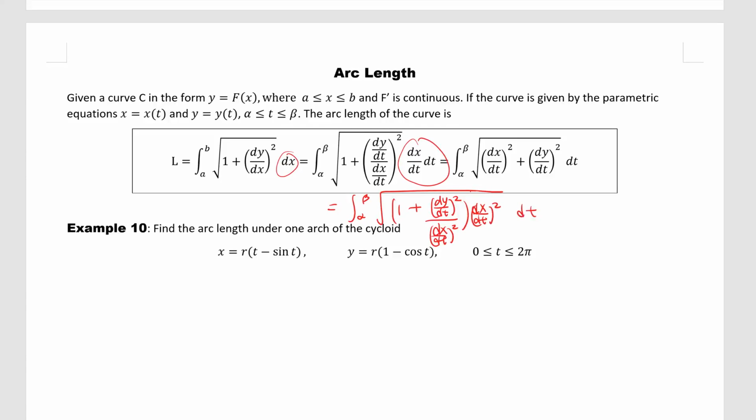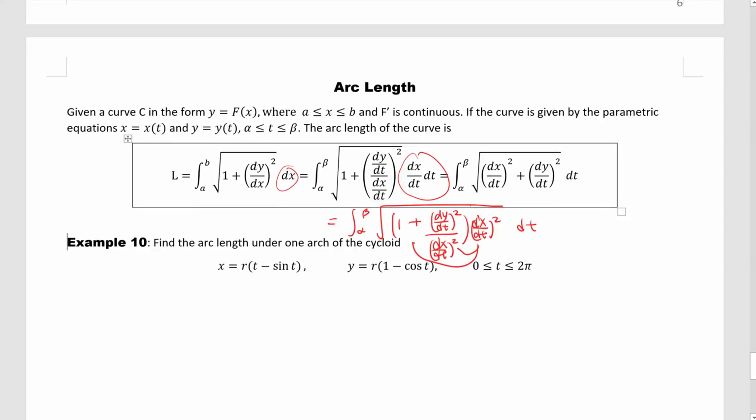So now when you distribute it, this guy times 1 is (dx/dt)². This guy times the second term, they cancel, right? So that's why you have this formula: (dx/dt)² plus (dy/dt)².